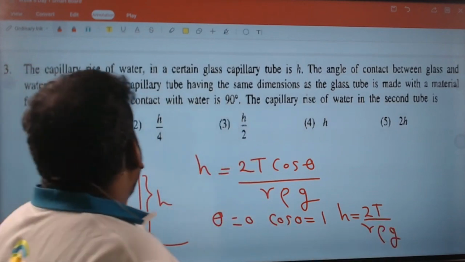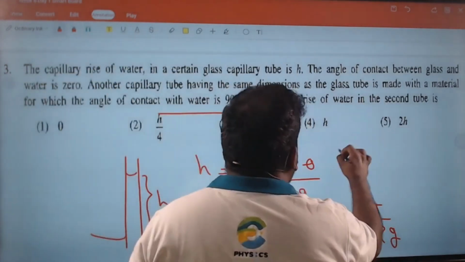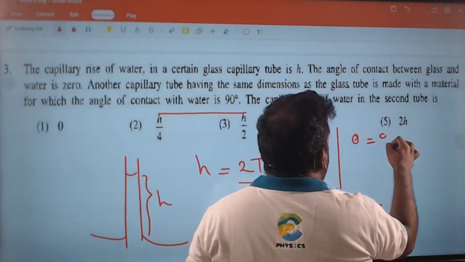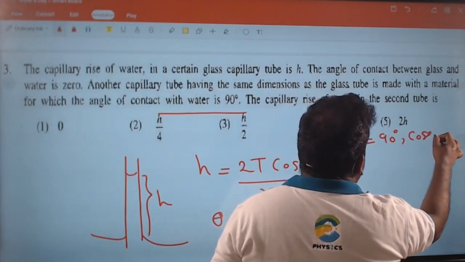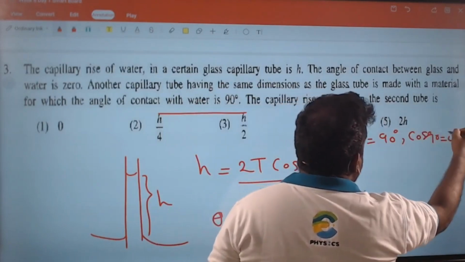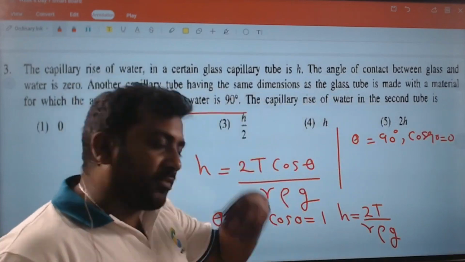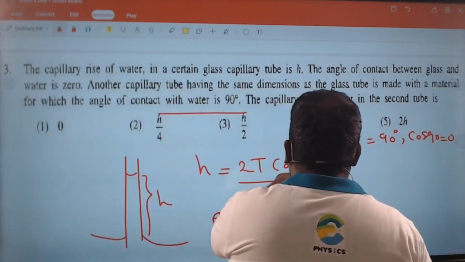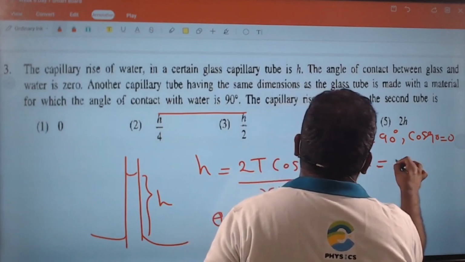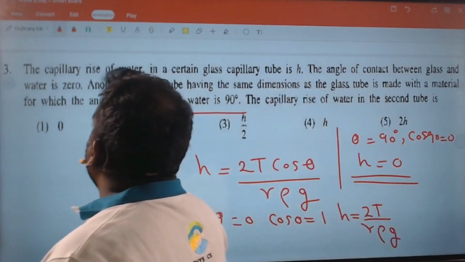Right. Now the angle of contact is 90. Theta equal 90. Cos 90 is equal to how much? 0. If cos 90 is equal to 0, if you substitute here 0, h is equal to 0. So capillary rise is equal to 0.